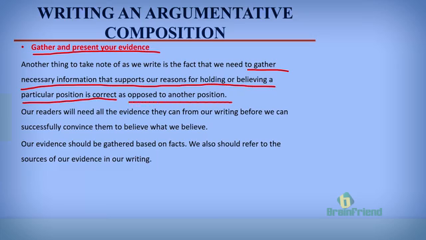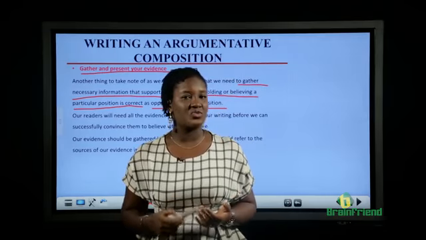For instance, if you want to say that girls should be given free education, that is the topic, and you've decided that you want to support that topic, and you're saying, oh, I support this topic because girls should be educated in the society to make the society better. Now, what is the evidence supporting that reason?